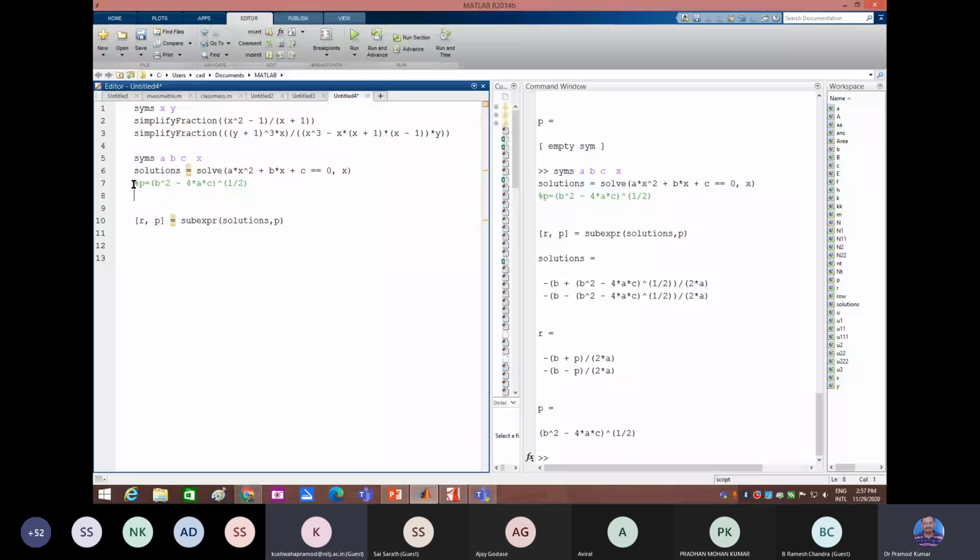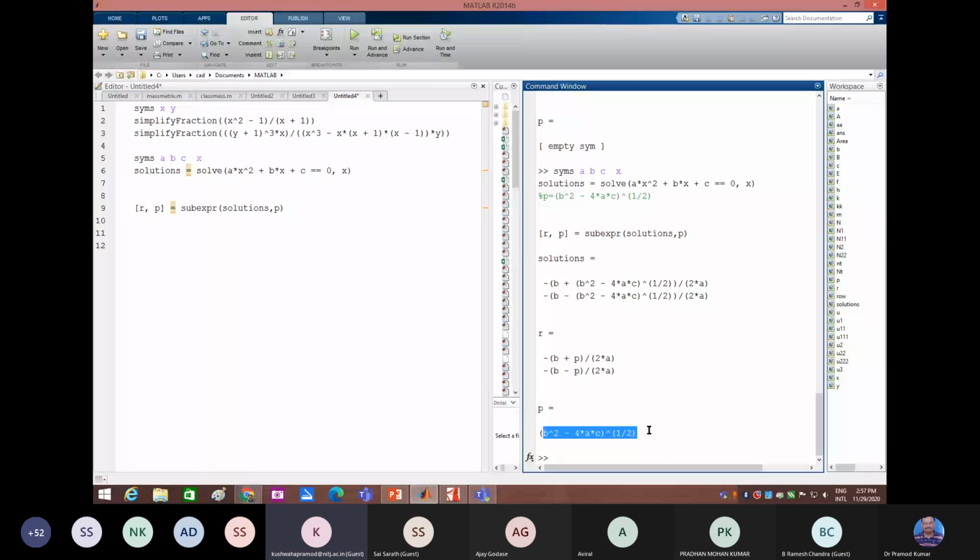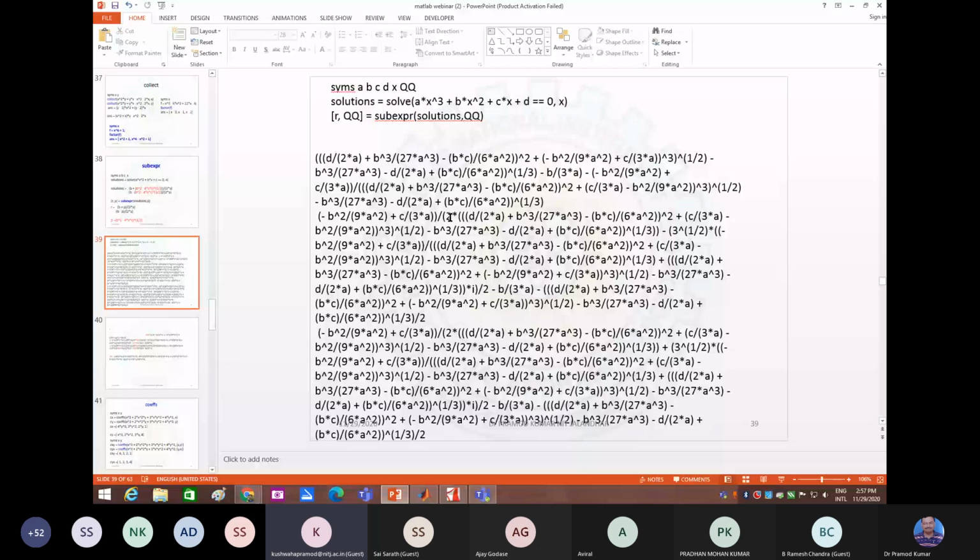We don't need to define what is to be common. Automatically it will be calculated, and then what p is it will give from the used formula itself. You can see the advantage of this in the bigger expression.